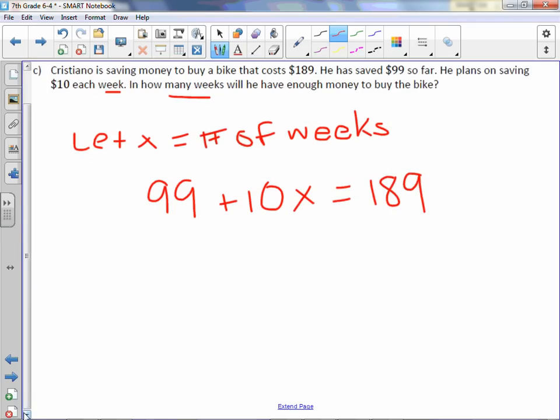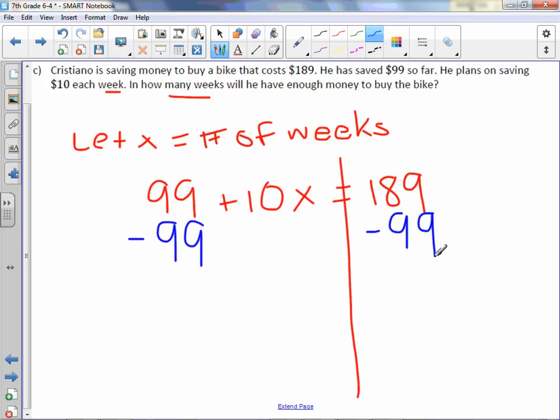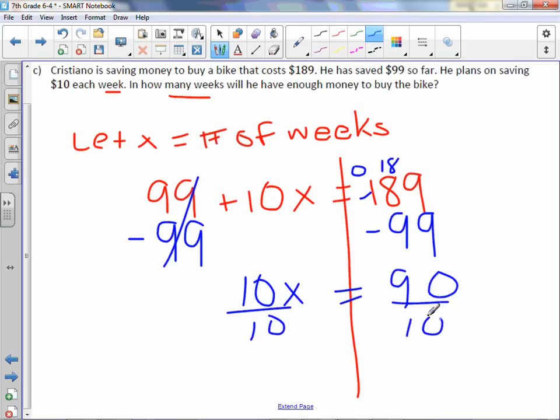Subtract 99 from both sides, we get 10x equals 90. Divide by 10, we get x equals 9. So 9 weeks.